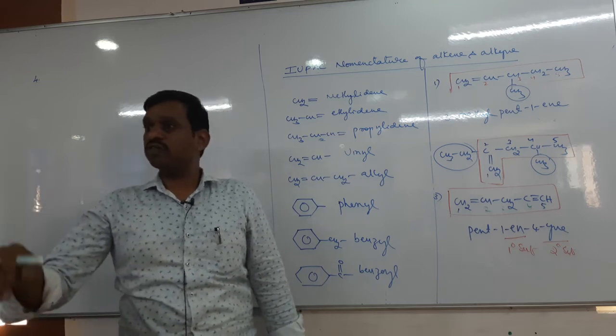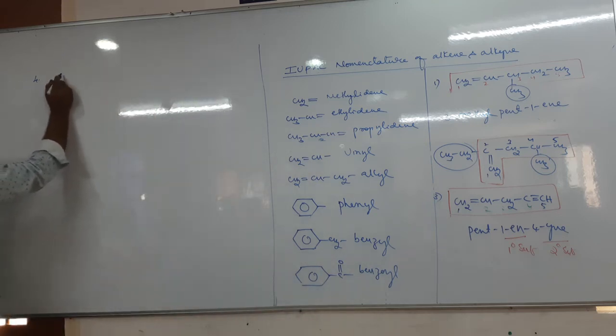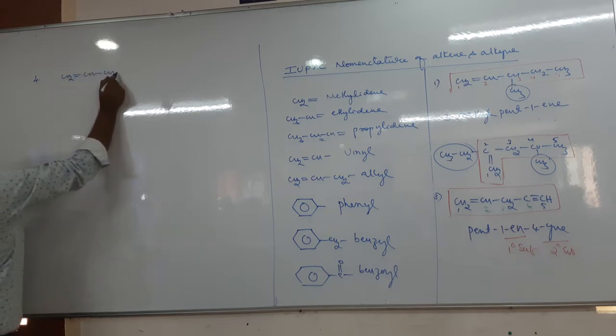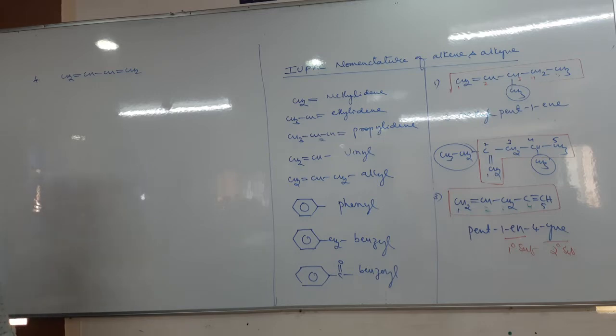That is the next rule. For example, CH2=CH-CH=CH2. What is the IUPAC name of this? It contains two double bonds. If there are two double bonds or three double bonds, then we should add the letter A to the root word.